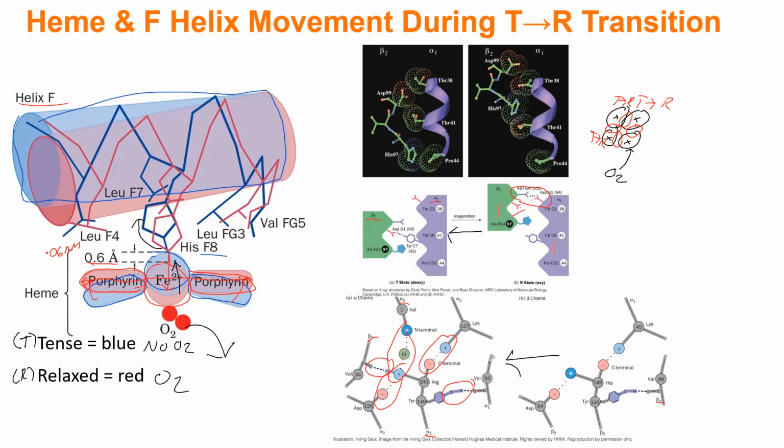All the other interactions change, and all the other subunits are saying, oh, one heme just released this oxygen. That means, and we already looked at it, that under low oxygen concentrations, heme just releases oxygen.